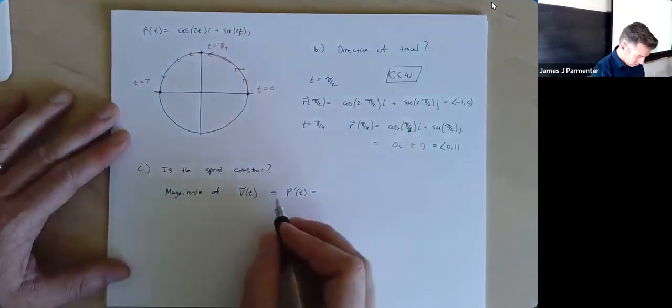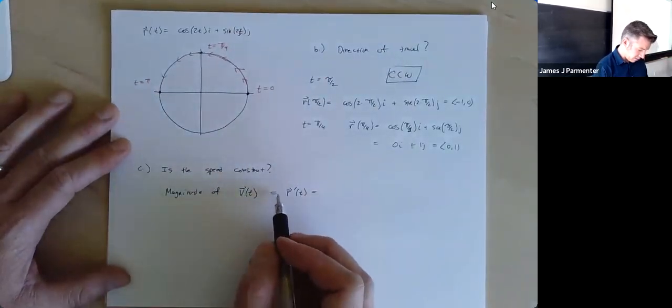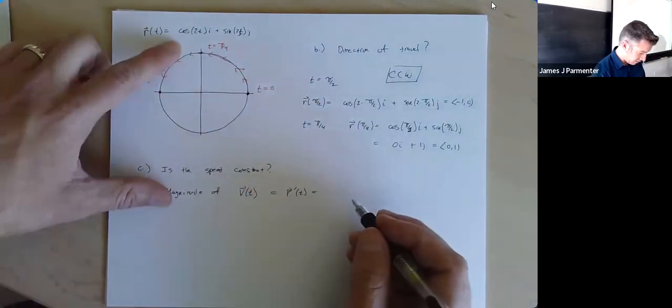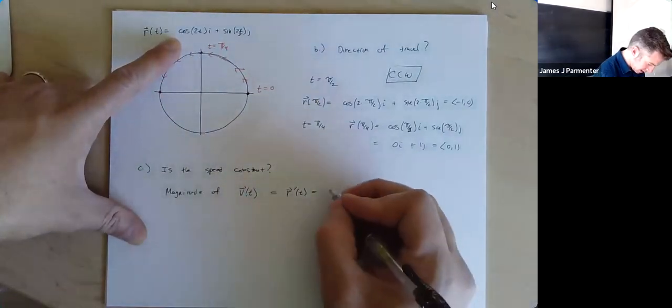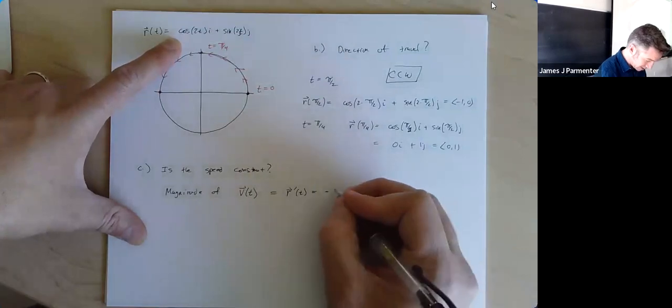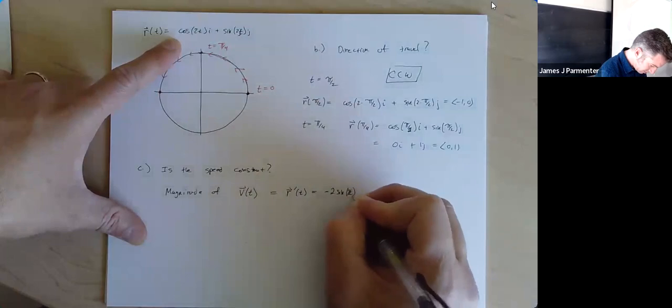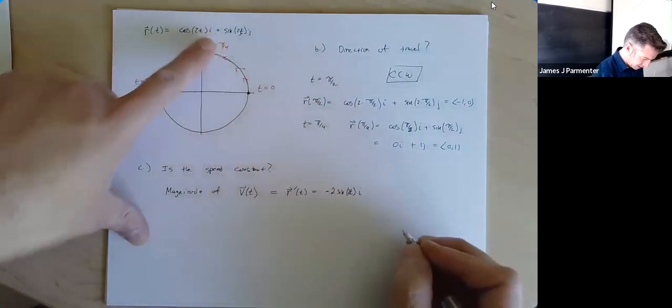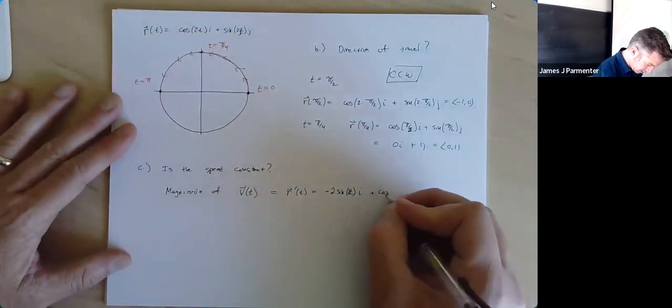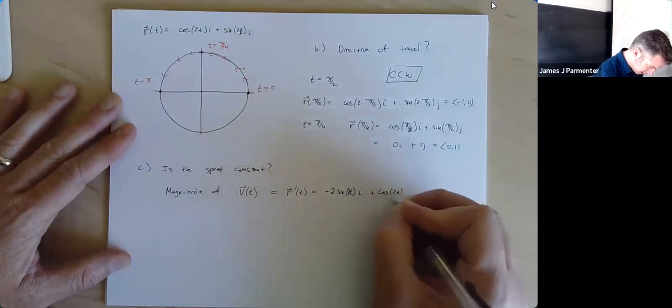Okay, so let's find first of all just the velocity vector. We take the derivative. The derivative of cosine of 2t is negative sine of 2t times 2, still in the i direction, and the derivative of sine of 2t is plus cosine of 2t times 2, in the j direction.